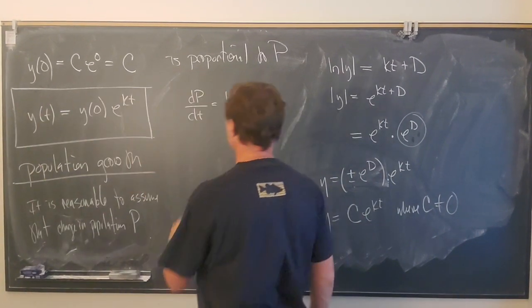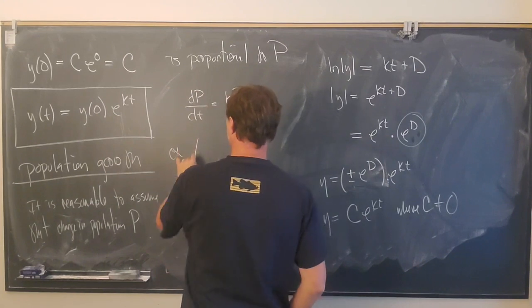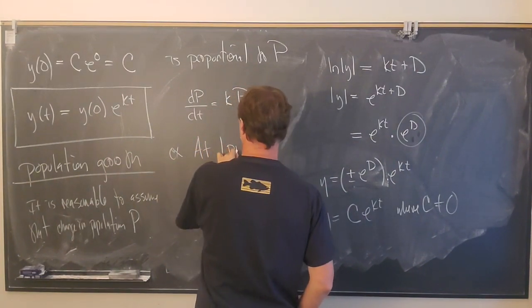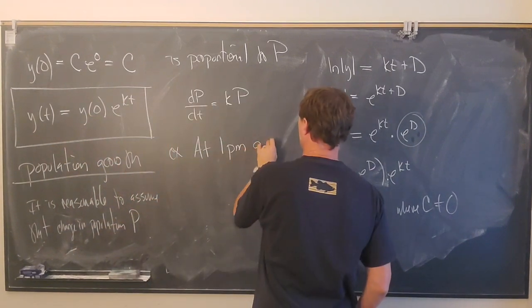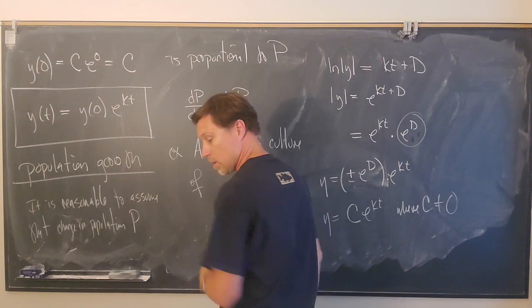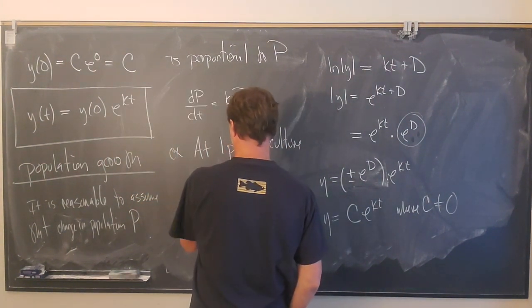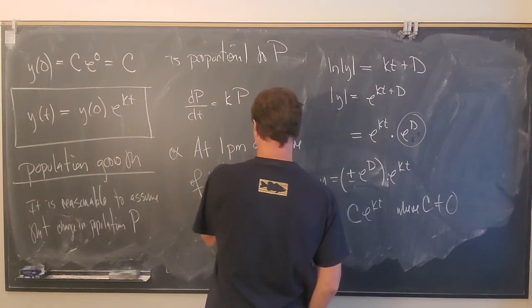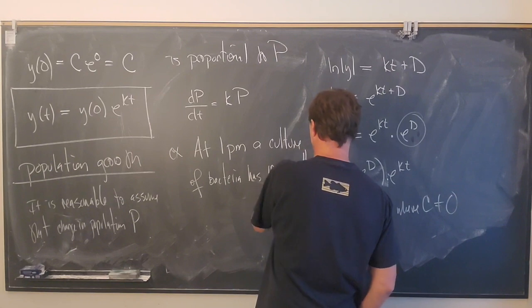So let's just try an example now. At 1 p.m., a culture of bacteria has 1,000 cells.